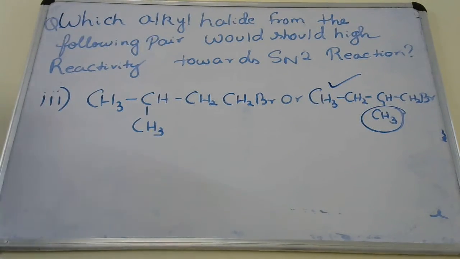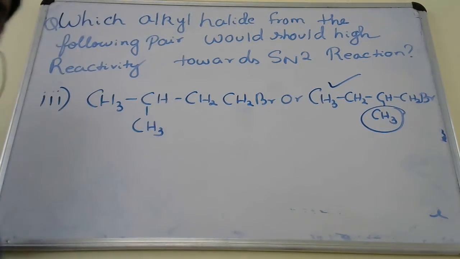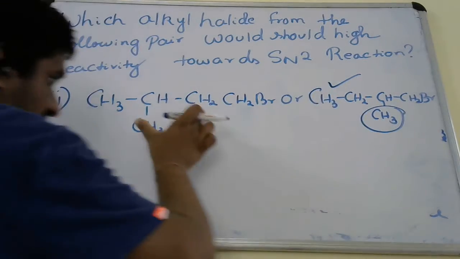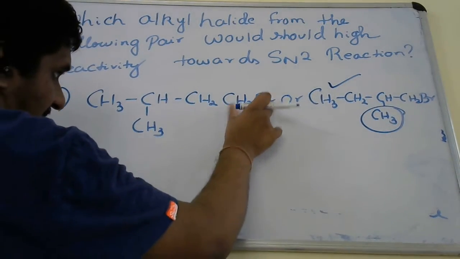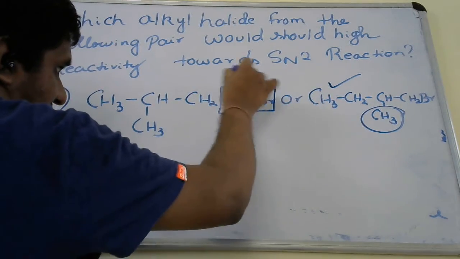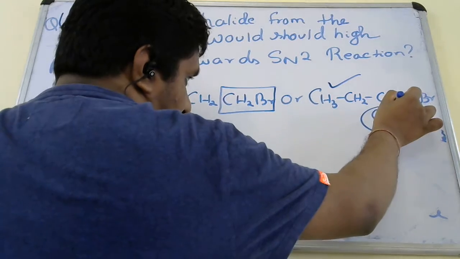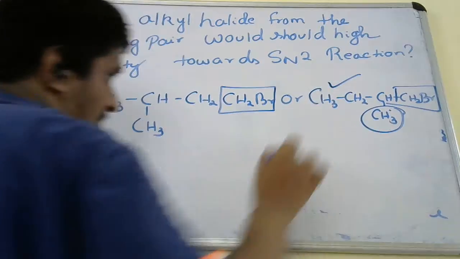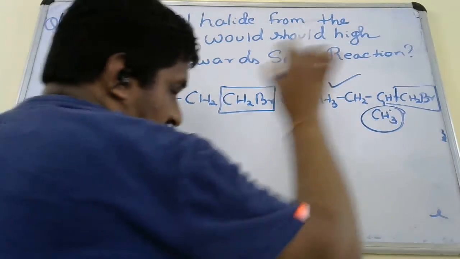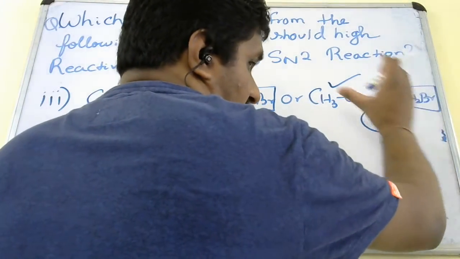I told you, the more crowded the alkyl halide, the lesser will be its reactivity. So the second will be less reactive and the first will be more reactive, because in the first the branched methyl is farther away from the carbon containing the halogen, whereas in the second it is nearer. Being nearer, there is more crowding and more steric repulsion.